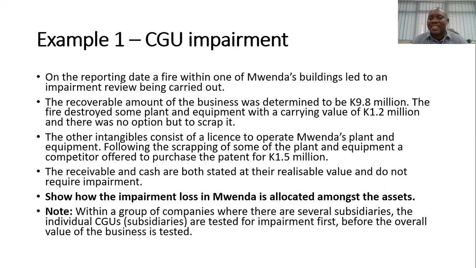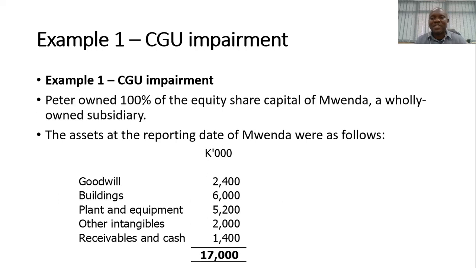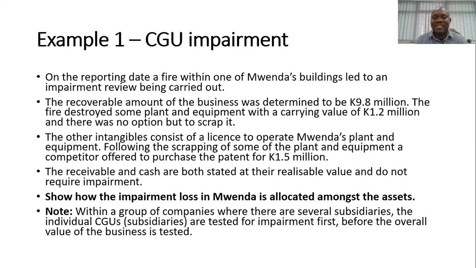The other intangibles consist of a license to operate Mwenda's plant and equipment. Following the scrapping of some of the plant and equipment, a competitor offered to purchase the patent for 1.5 million. So if we check on the intangibles, you had 2,000, meaning that what is actually removed will be 500,000.